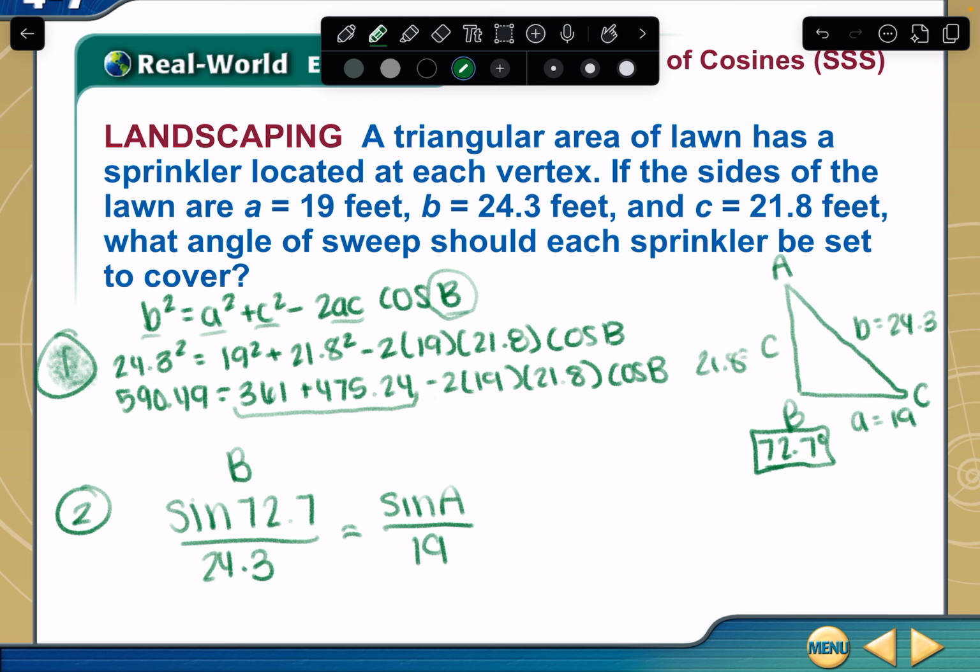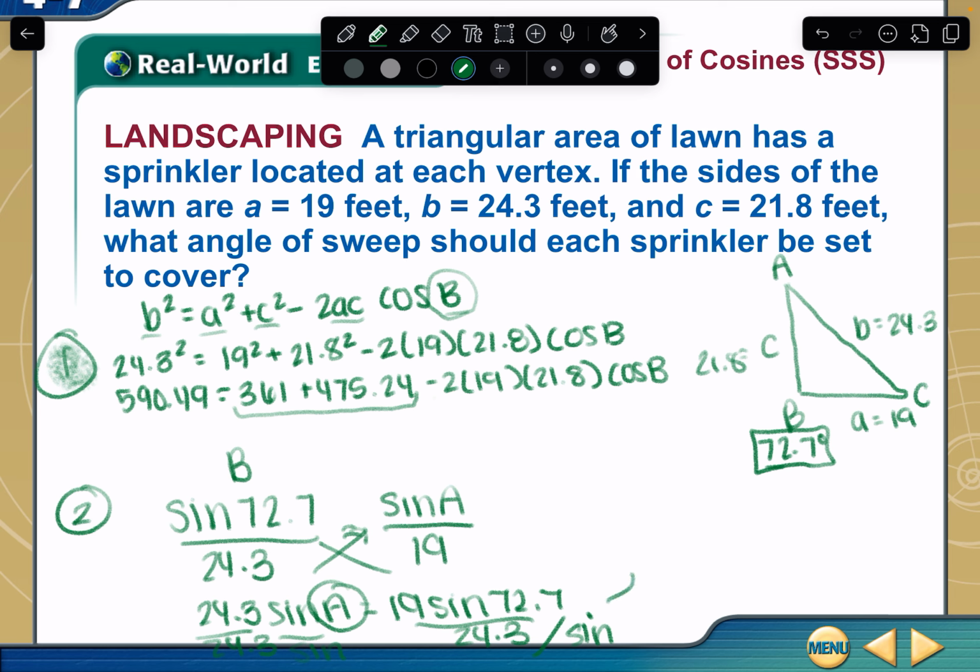And then this is what we did yesterday. So cross multiplying and getting 24.3 sine A is equal to 19 times sine 72.7. I would divide by 24.3 on both sides. Because I'm finding an angle measure, I would also divide by sine.